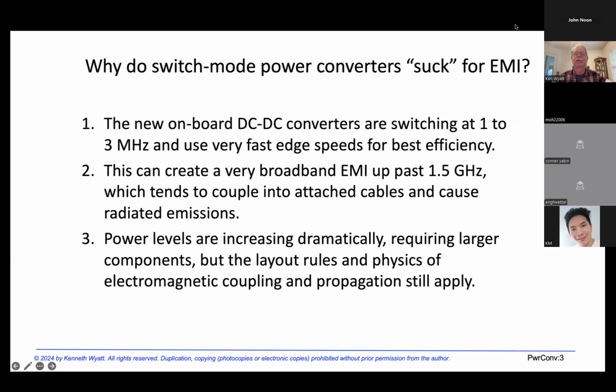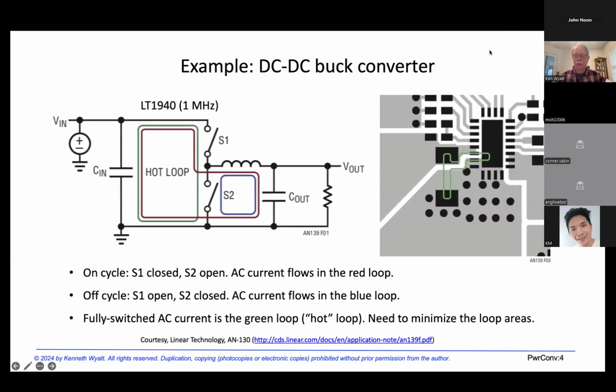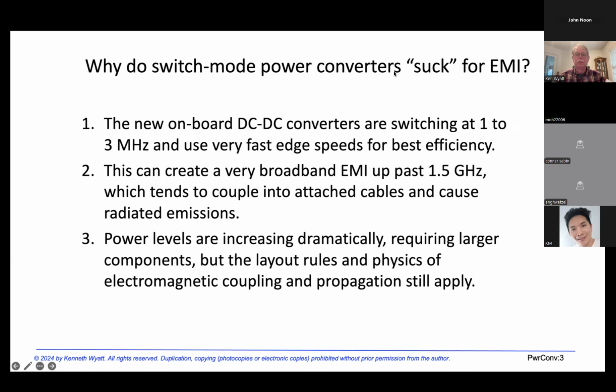But basically what I'm going to cover today, while it's focused on the circuit board level, can be applied to larger systems. I just want to make sure that that is clear. The basic layout and rules of physics apply no matter what kind of power conversion circuit you're using.